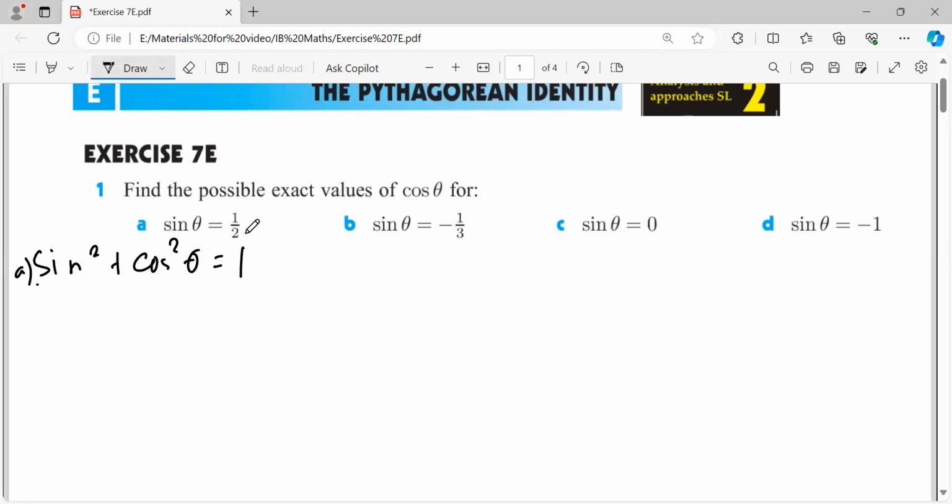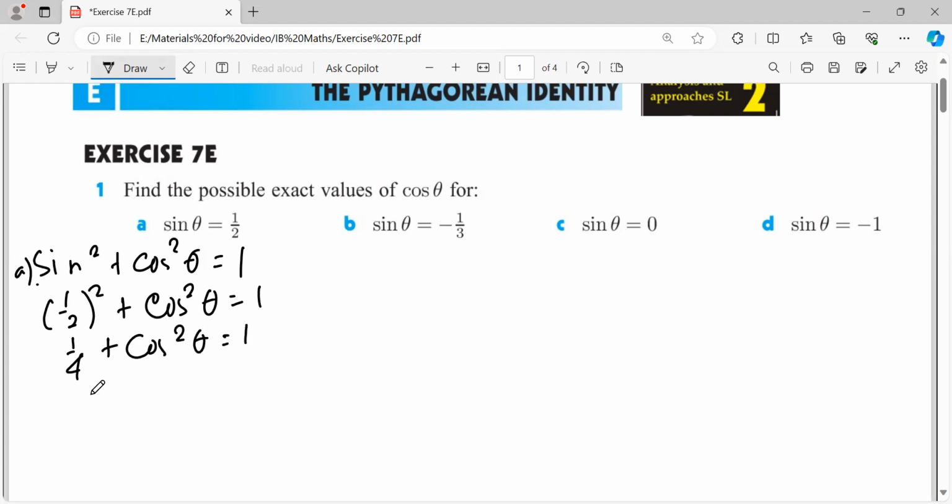And after that, substitute half, because sine theta equals half. So half squared plus cosine squared theta equals 1, and this is a quarter.